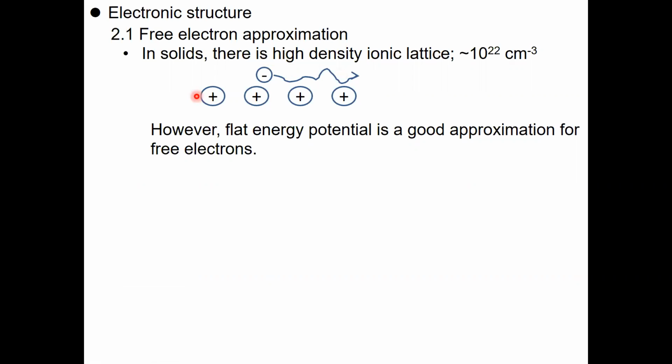If you have many atoms, you have a high density of the ionic lattice, meaning that if the electron is a negative charge, the nuclei have the positive charge. So the electron is moving around in the positively charged lattice, and this lattice has a density of about 10 to the 22nd per cubic centimeter.